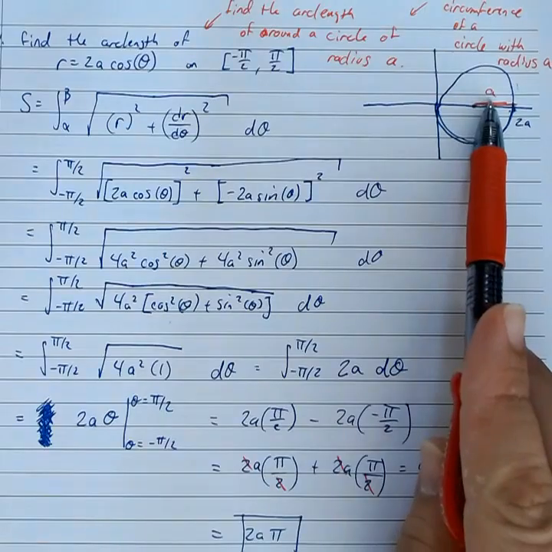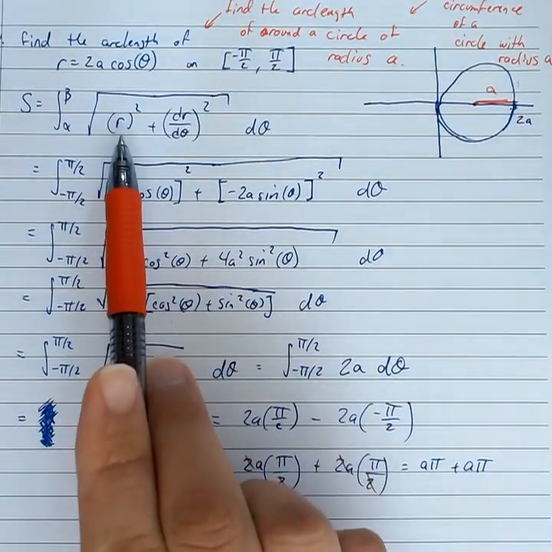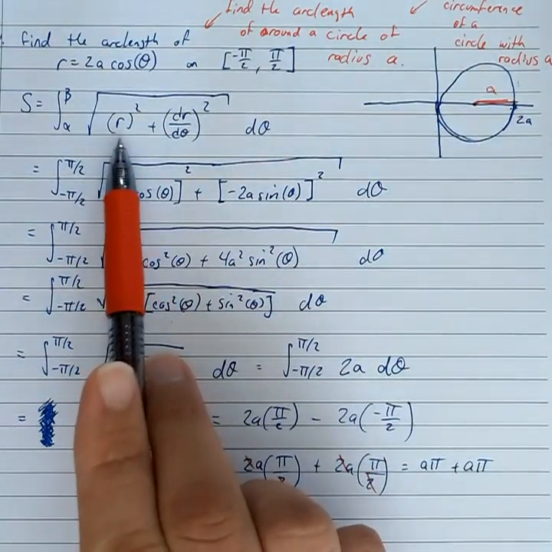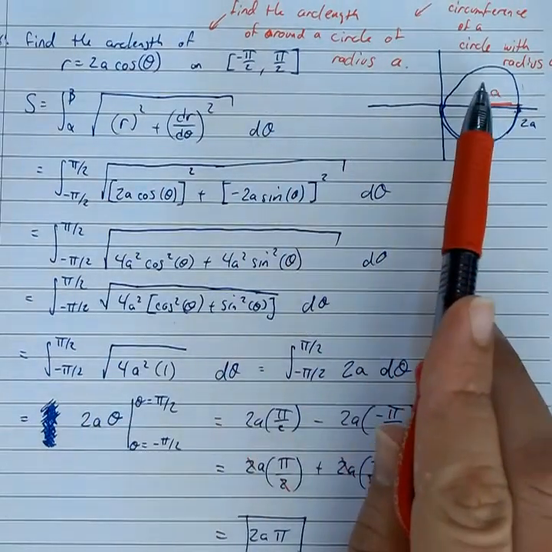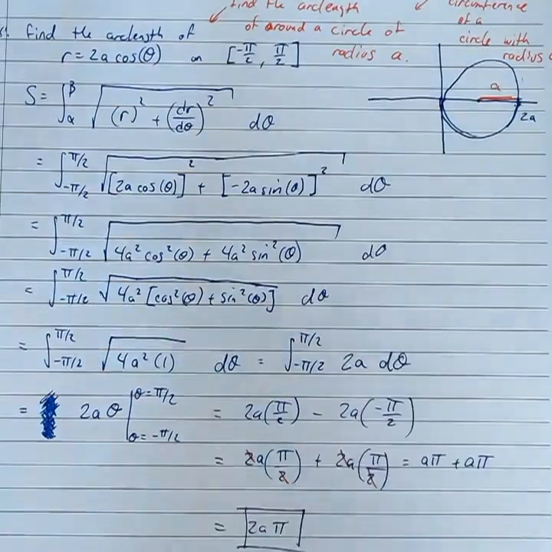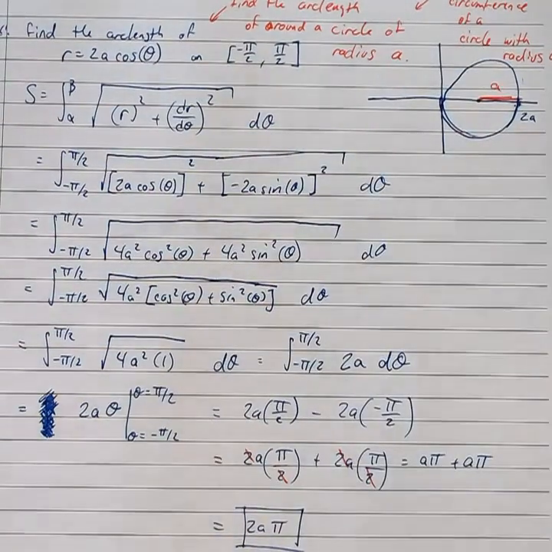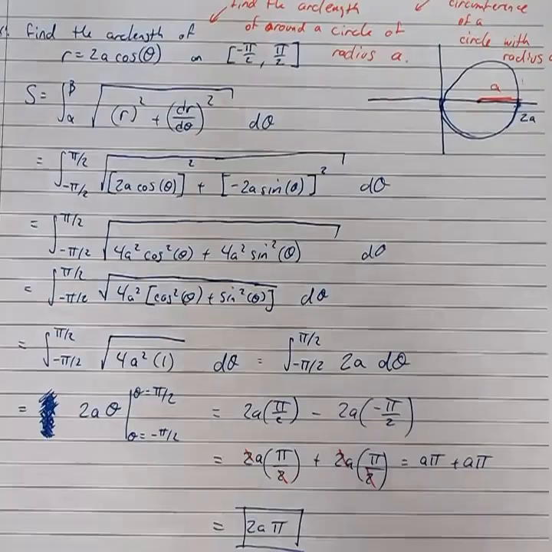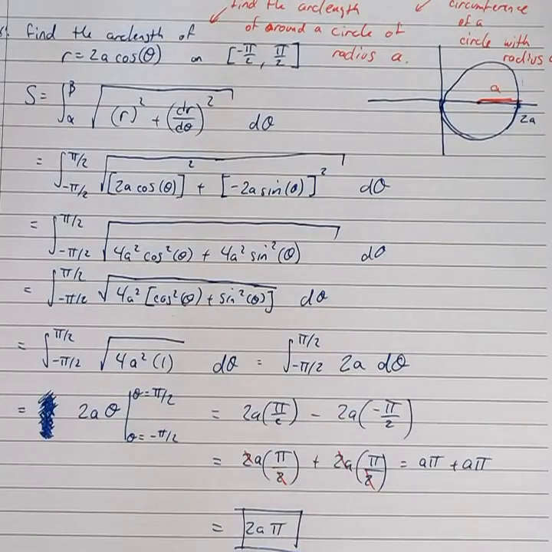Usually we use the letter r here, but in this instance, r was taken by some other variable, so we use a different letter. The circumference of a circle of radius a is 2 times pi times the radius a, which confirms something we've known since grade school: the formula for the circumference of a circle.